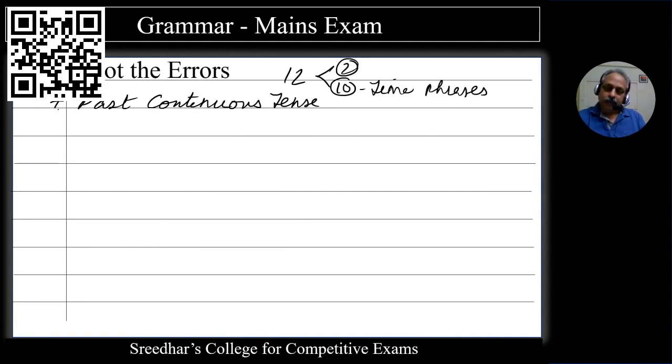After the first strategy, what is the first strategy? Look at the time phrase. Once I complete that, I will go to the second strategy. The second strategy talks about what you are supposed to do when there is no time phrase. So hold this one, past continuous tense. It doesn't take a time phrase. It goes with another tense. It is called a combinational tense. This one and past perfect, you don't have to worry about at this stage. Now we'll go to the fifth one. What is the fifth one?